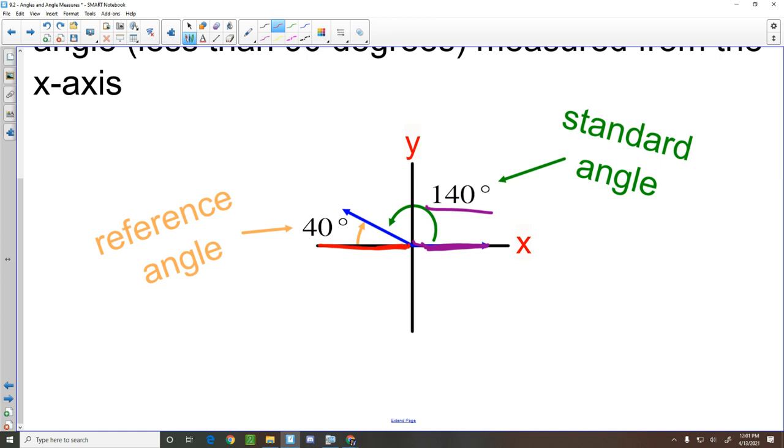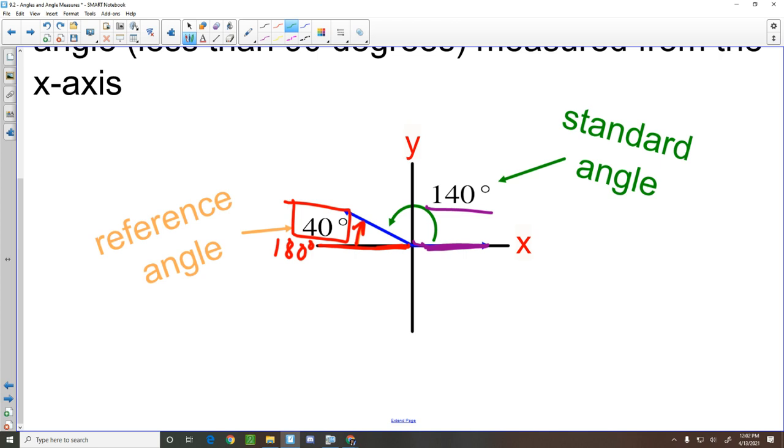And so if I'm at 140, and down here on the far left, the negative x-axis is 180 degrees, we're really just taking a look to see, hey, how close is 140 to 180? And hopefully you can realize that 180 minus 140 gives me this leftover of 40 degrees. So the reference angle would be 40 degrees, because that's an acute angle, and that's how far away that same terminal side is from the x-axis.